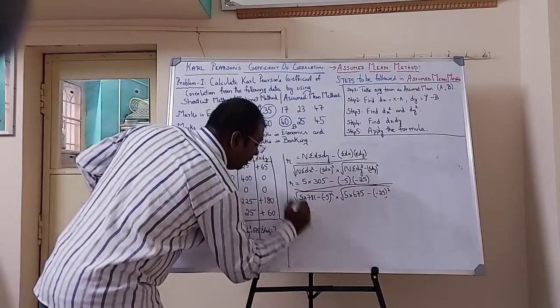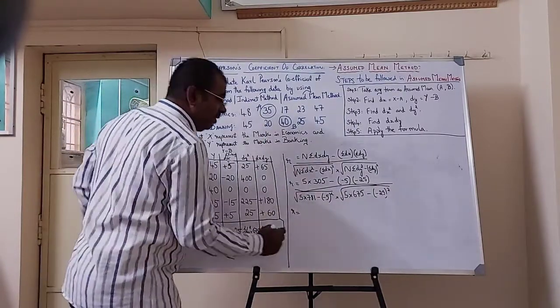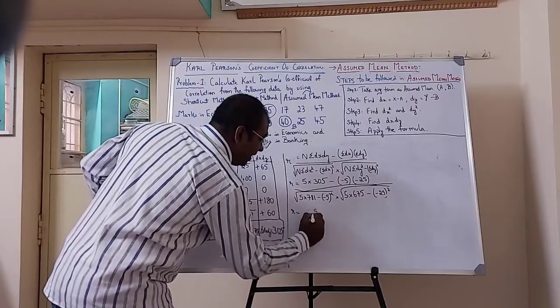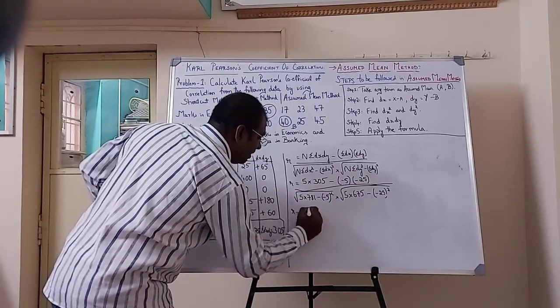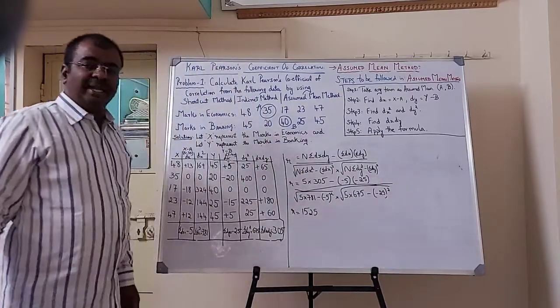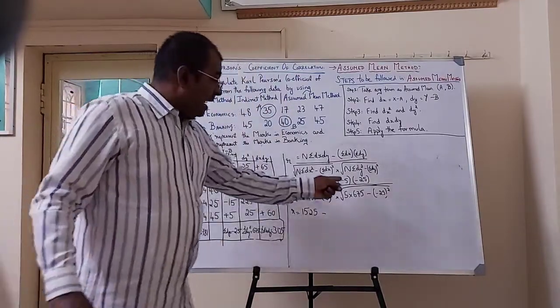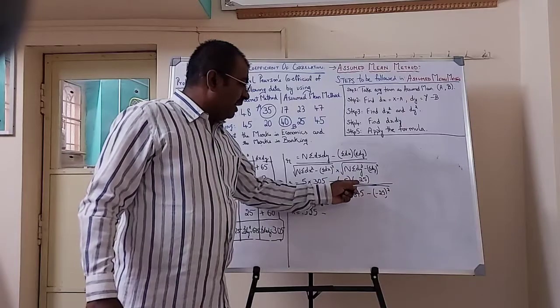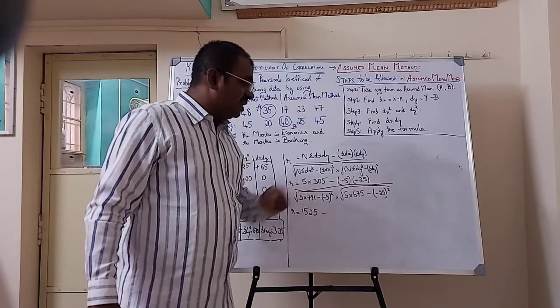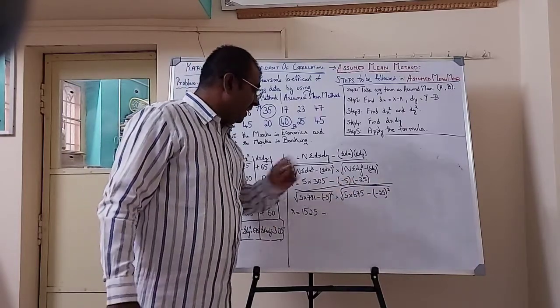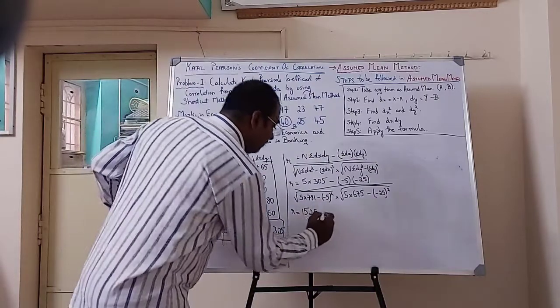Next, r is equal to 305 into 5, 5 5 is a 25, 2 5 3 is a 15, 1525 minus, minus 5 into minus 25, minus into minus becomes plus, 25 5 is a 125.